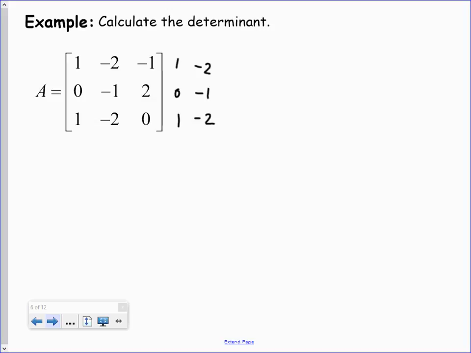You don't need to copy the third column because you'll get your full diagonal with just the first two. And then do your first three diagonals going down. So I would start with 1 times -1 times 0 is 0. -2 times 2 times 1 is -4.